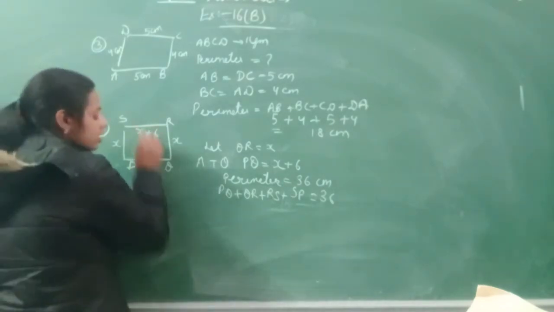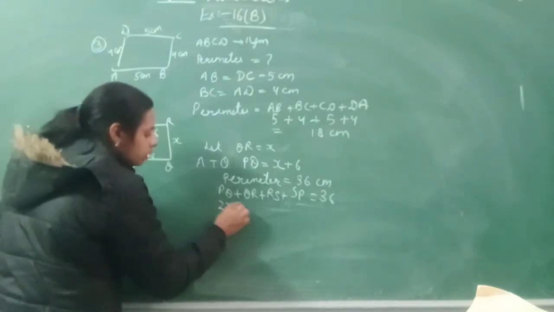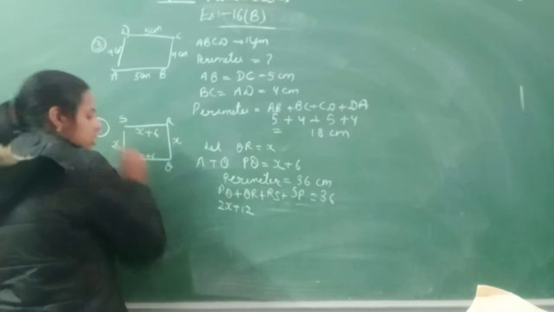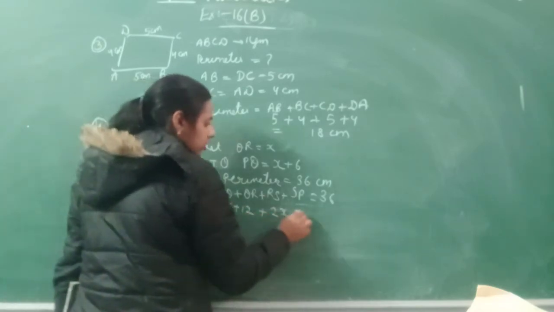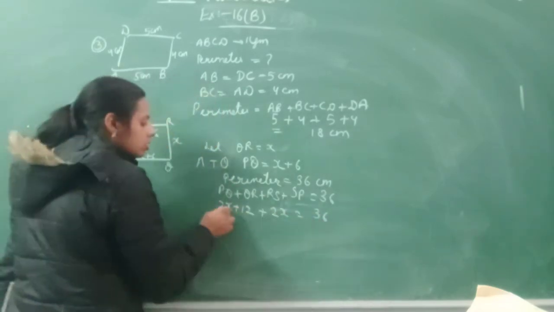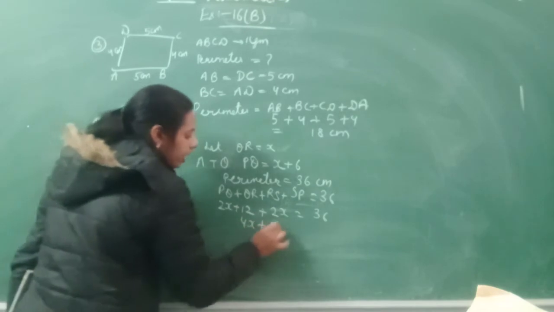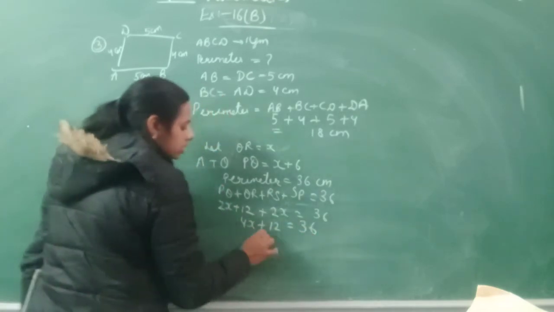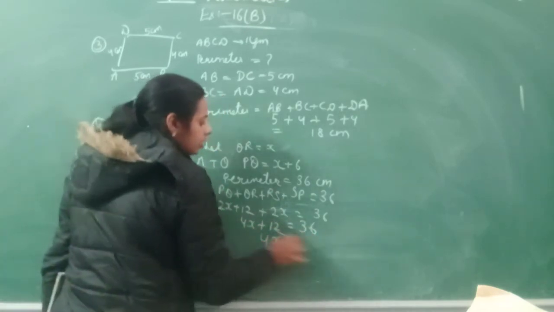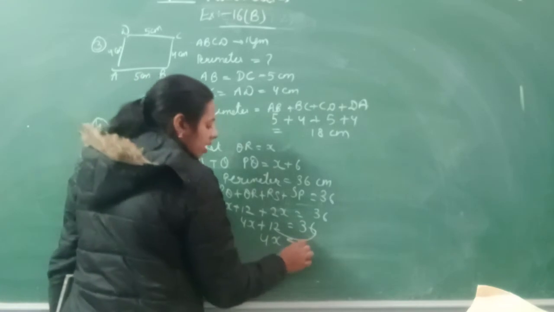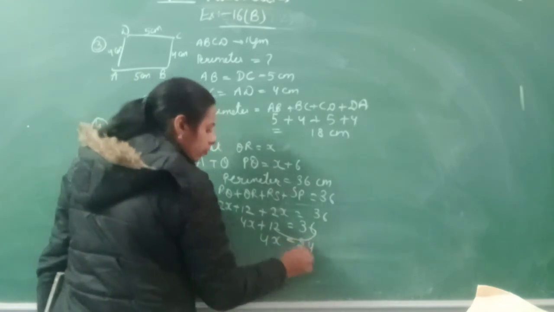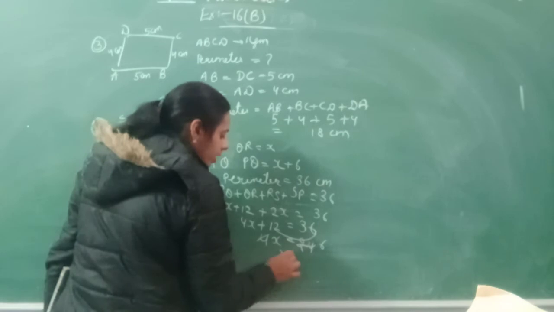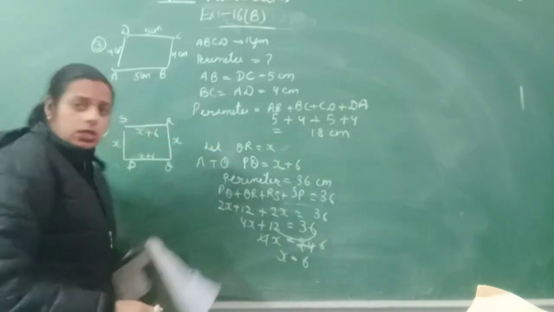X plus 6, X plus 6, it means you have 2X plus 12. X plus X, you have 2X. So 4X plus 12 is equal to 36. 4X is equal to 36 minus 12. So you will have here 24. And the value of X means 6.